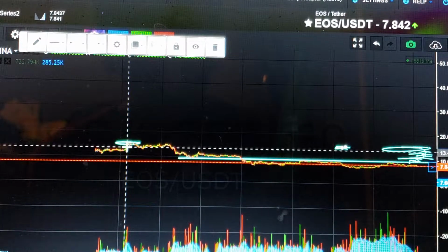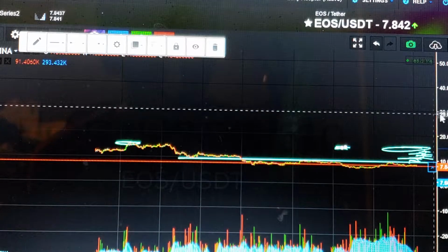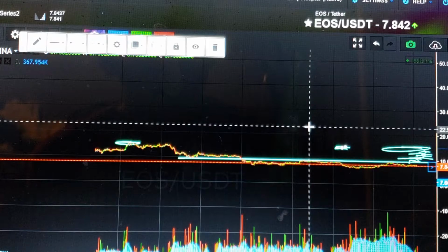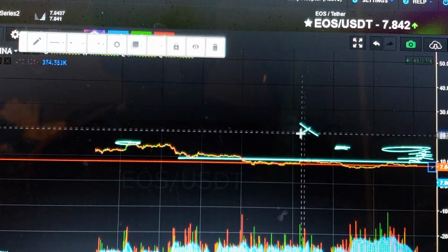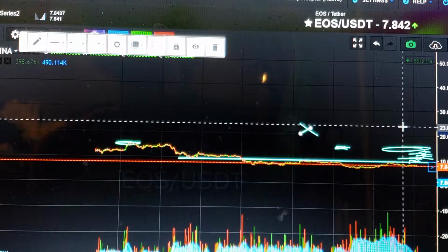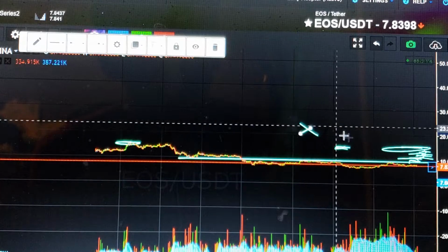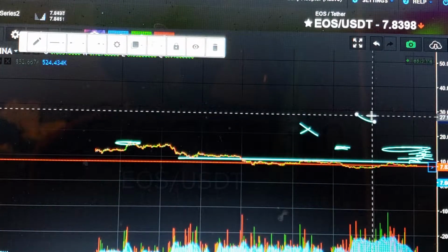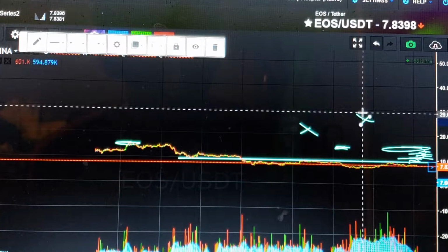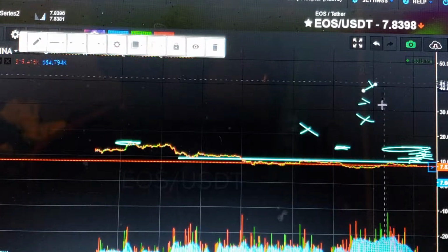Because what if it doesn't stop at 25? What if it comes up here or here? So if it breaks the all-time high and keeps running, which if it ever gets back up to 25 bucks, I'm guessing it's going to set a new all-time high. So it's going to have a run after that. So you're going to want a little bit of coin to sell, 28, maybe 30, maybe 35, maybe 40.